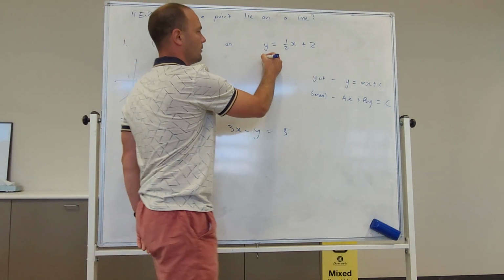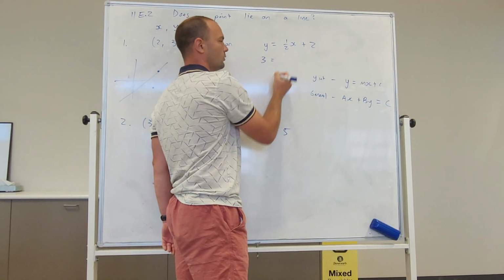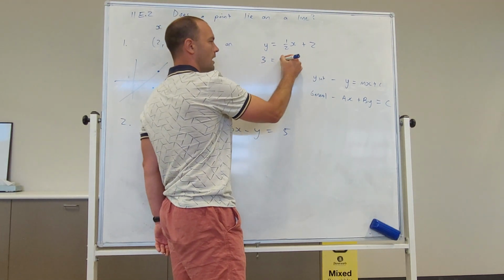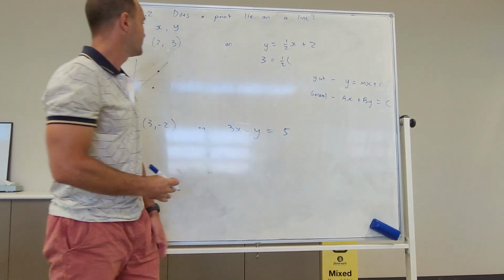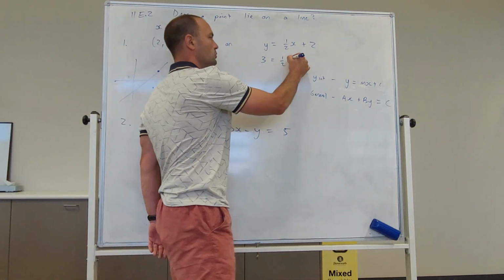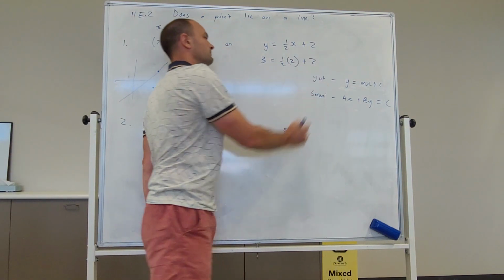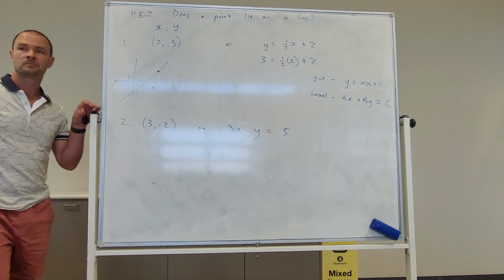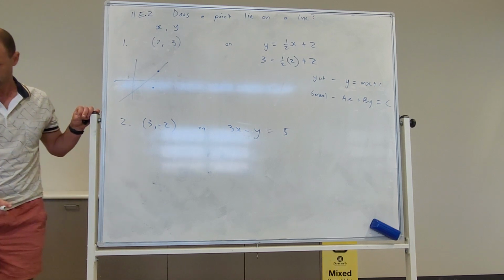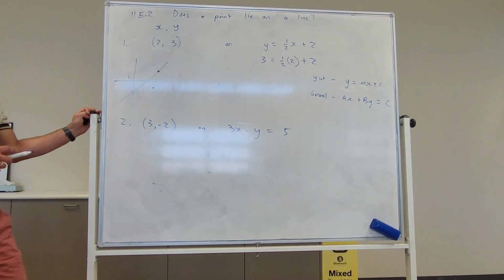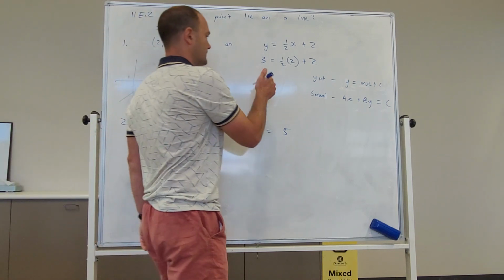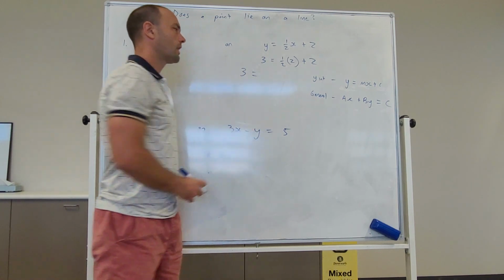So let's write that out. We would have 3 equals, 3 goes where the y is, half multiplied by the x value. Our x value is 2. And then we'll just process this. The left-hand side stays as 3, there's nothing to change there.